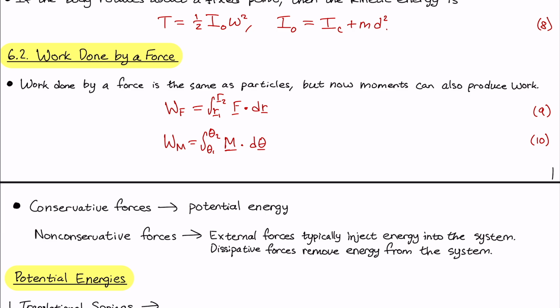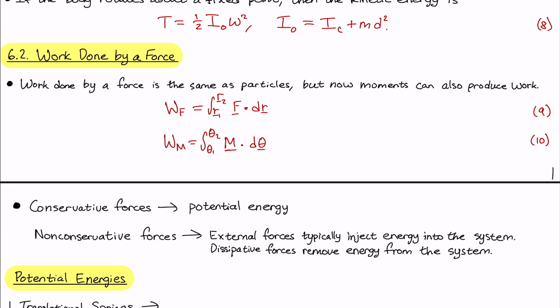And everything here is going to be in the k direction, so this will end up just being a scalar integral for us. In 3D, it can get more complicated, but in planar rigid body dynamics, all of the rotations happen about the k direction, or whatever direction is normal to your plane.